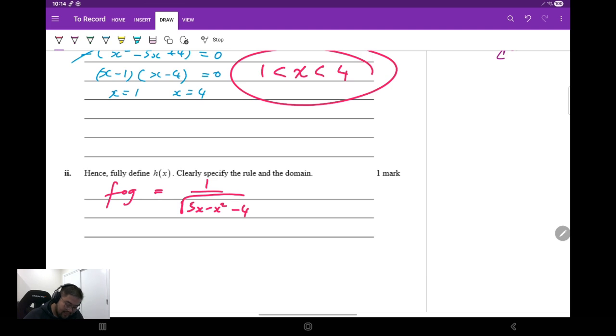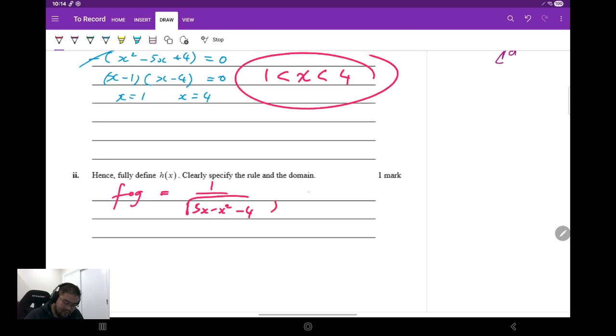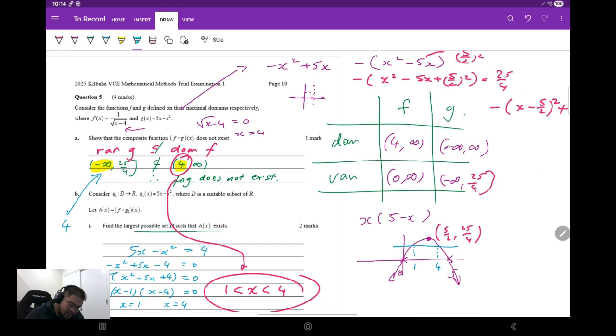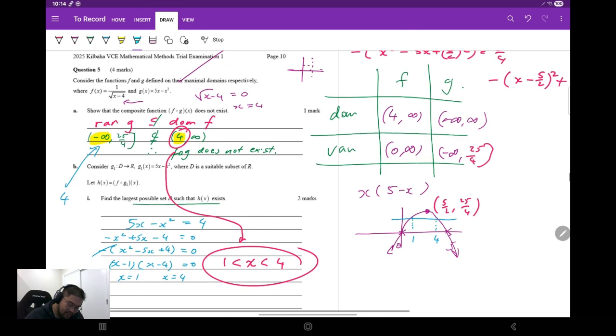Writing this in fully fledged definitions, it's for x between 1 and 4. The key thing here is to recognize that when you've got fog and gof, if it's not defined from this step, how do we knock it so that it is defined? What we knocked was the range. So to get this range, what did we need to restrict the domain to?